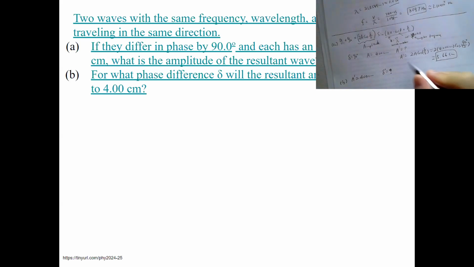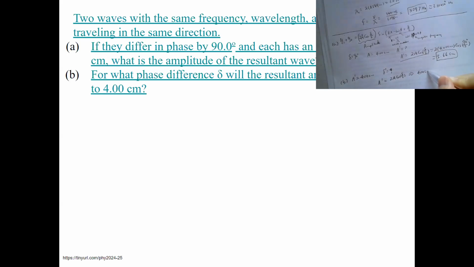So you're again looking at this expression, but you'll be solving for delta instead of A prime, because A prime this time is given. So you divide both sides, or you can just put in the numbers.